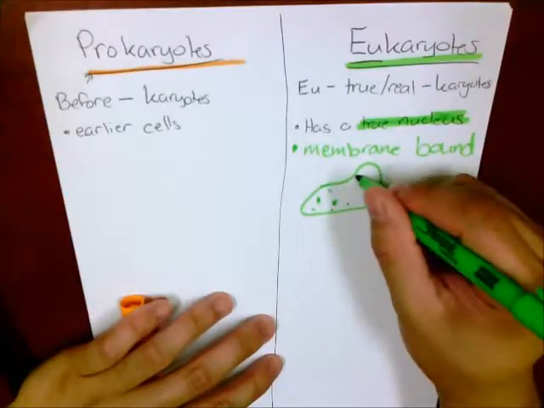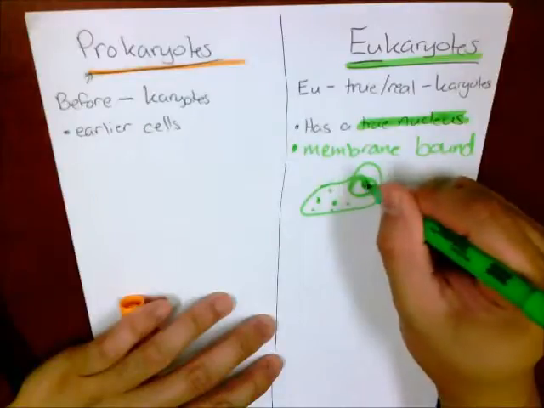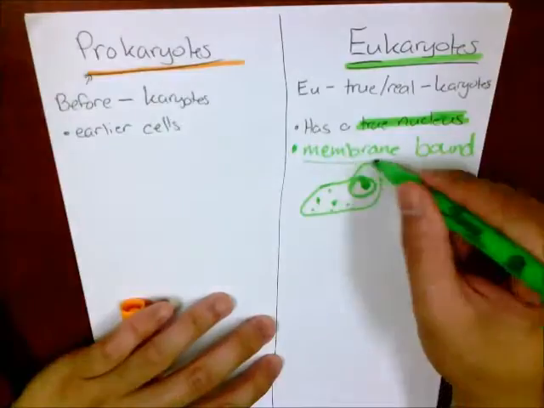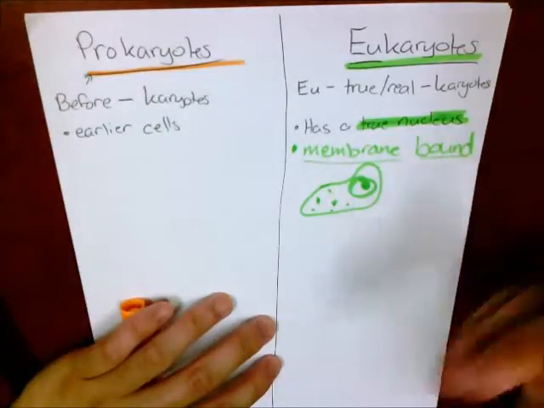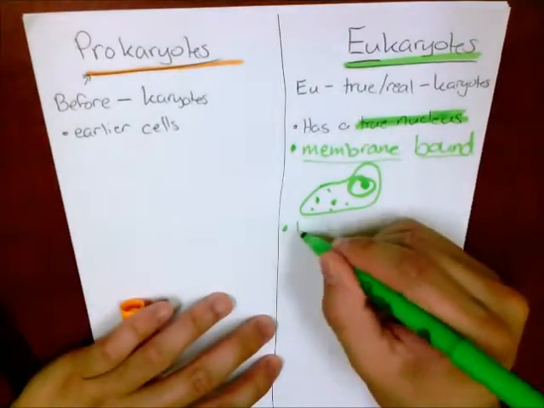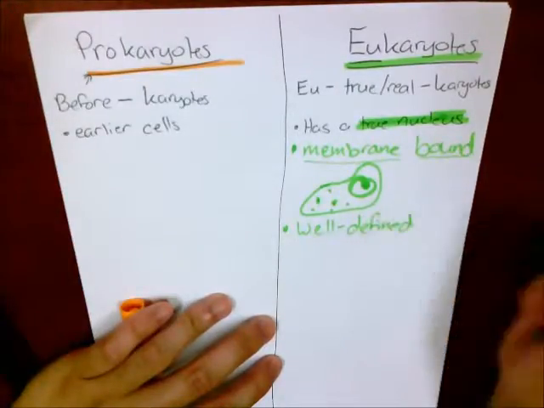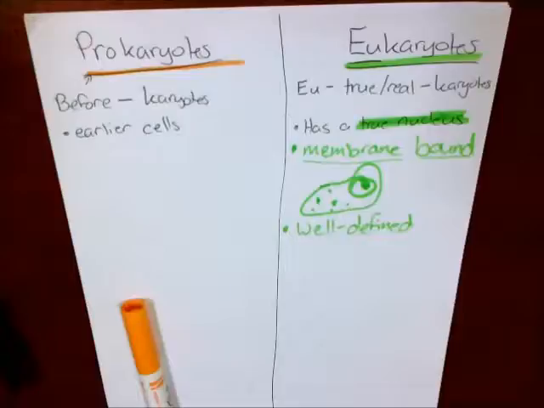But then over here, it has a nucleus with a nucleolus and all that jazz. That brain of the cell has membrane-bound organelles. All the organelles are pretty well defined, so that's another word you can see. Membrane-bound organelles and nucleus, and they are well defined.